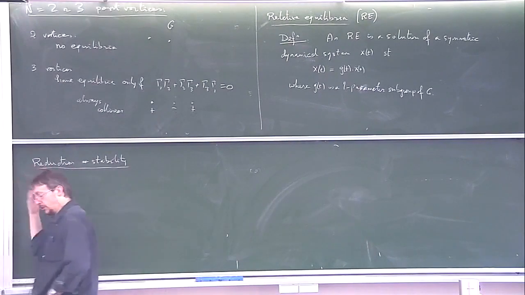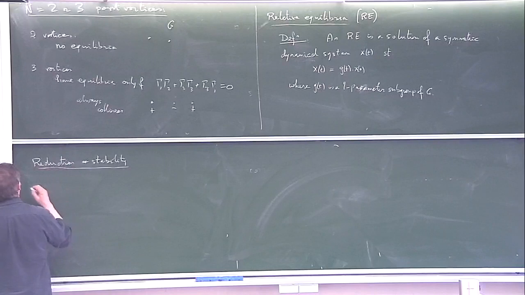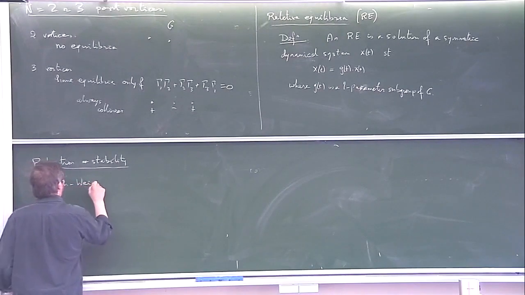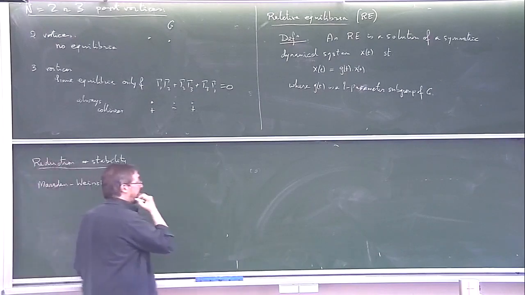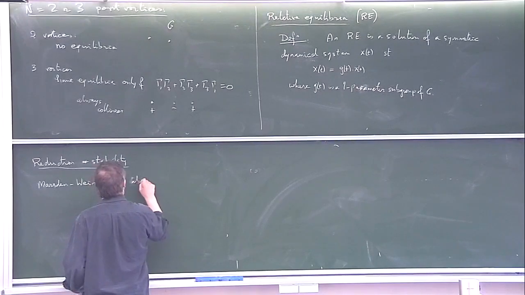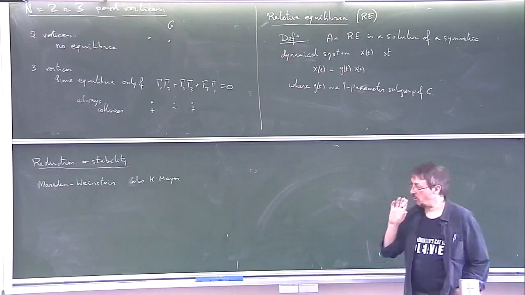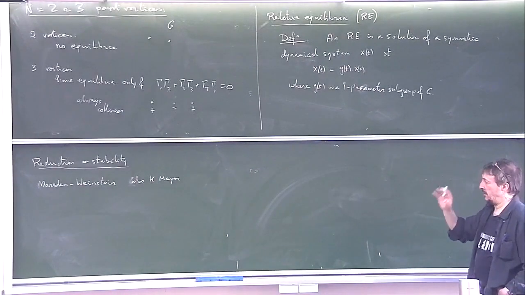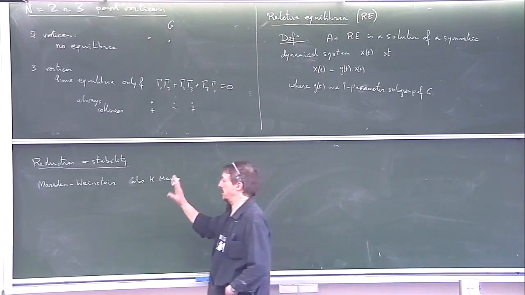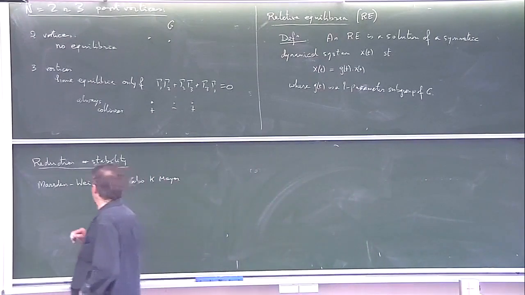So reduction in mechanical systems with symmetry has a long history, but in modern terms, in its general context, it's the theorem of Marsden and Weinstein, the same Alan Weinstein we talked about before, and also Ken Meyer, who had a similar theorem, not quite as clean as the Marsden-Weinstein theorem, but the idea is the same, and it was done at the same time. So it should really be called the Meyer-Marsden-Weinstein theorem.